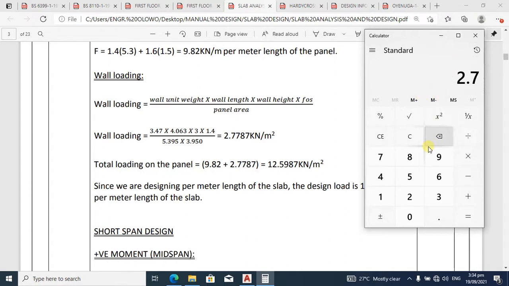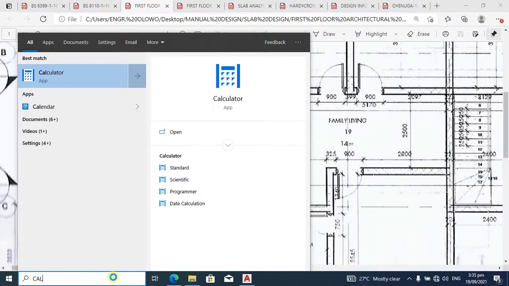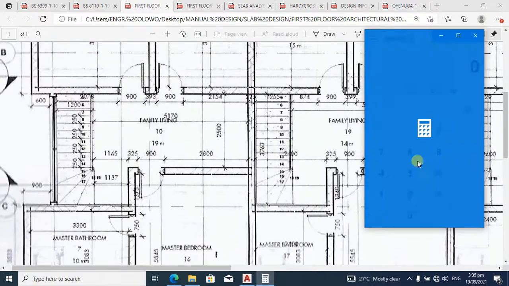But in a case whereby we don't have a beam, just like the case of this very floor, which is not going to have a beam at the top, this wall is just going to go all the way and touch the surface of the slab. So if our floor to floor height is 3.15, let's go back to the calculator.